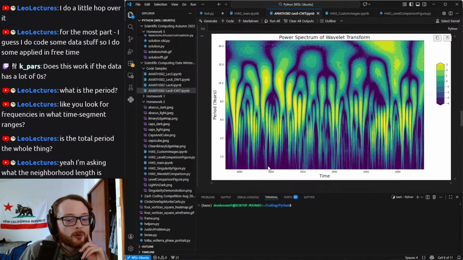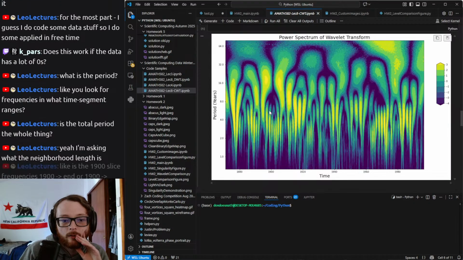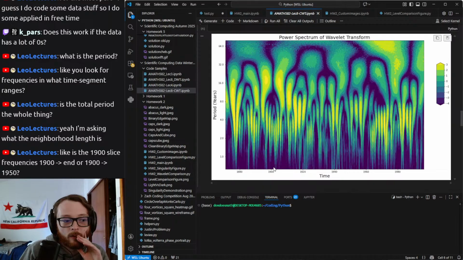Asking what the neighborhood length is. I think that's what the period is controlling. The high period is a larger neighborhood, and the low period is a smaller neighborhood.